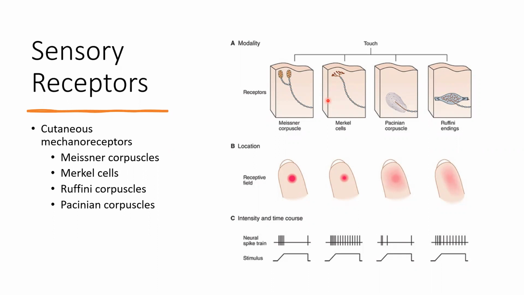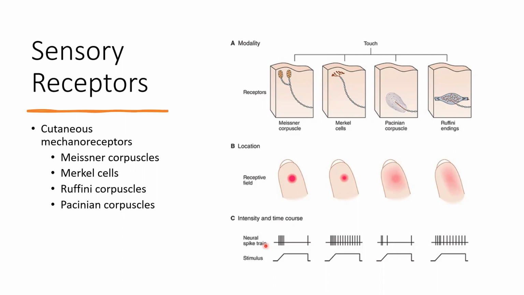So they are very quick responding receptors, which you will compare later when we go to the other types of receptors, which are slower, the unmyelinated fibers of the other receptors in the skin.